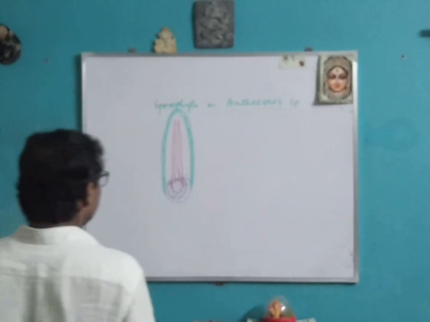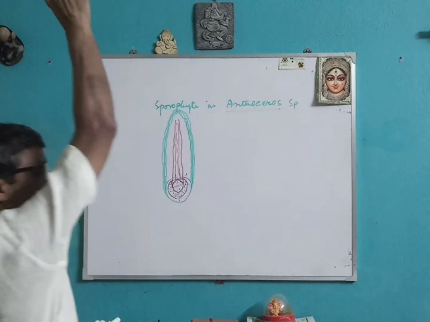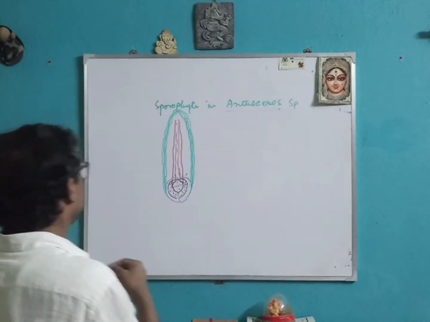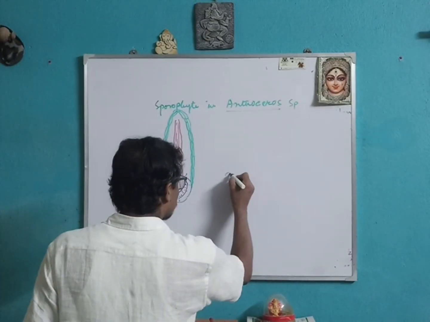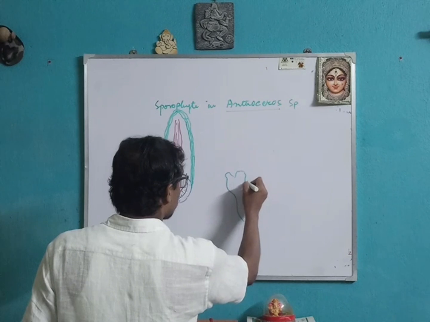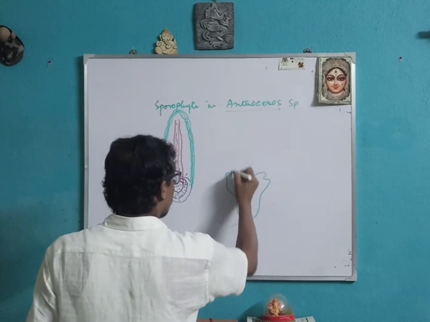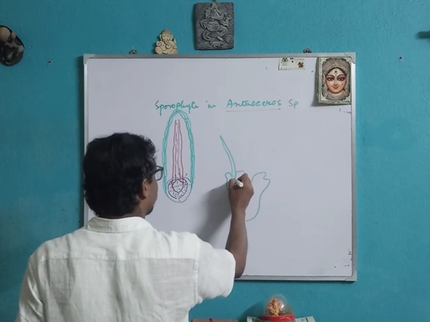So in case of Anthoceros, the total sporophyte is an elongated structure. As it is elongated and appears horn-like, these horn-like structures found on the Anthoceros thallus are nothing but the sporophytes.